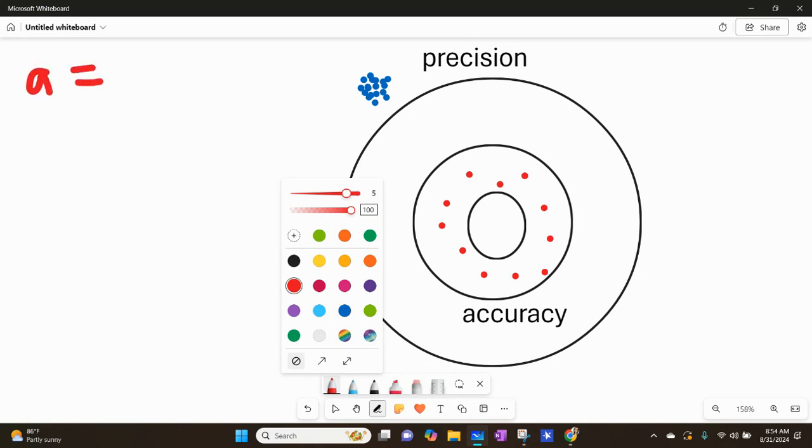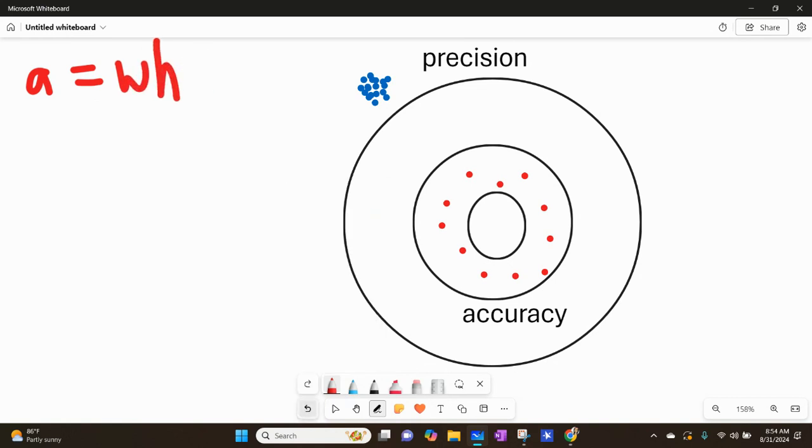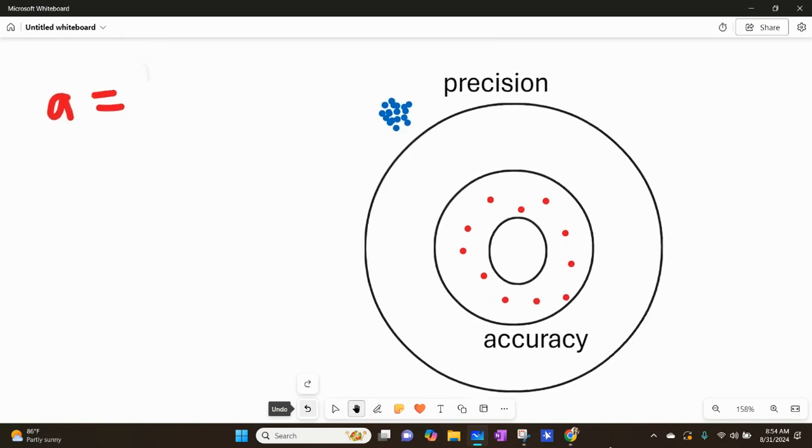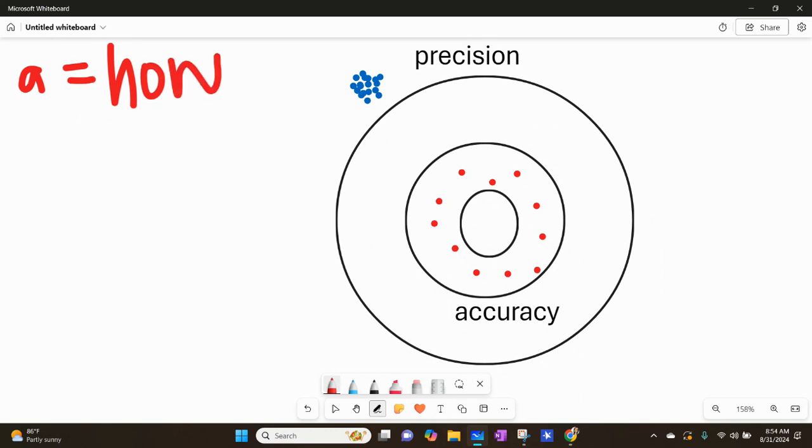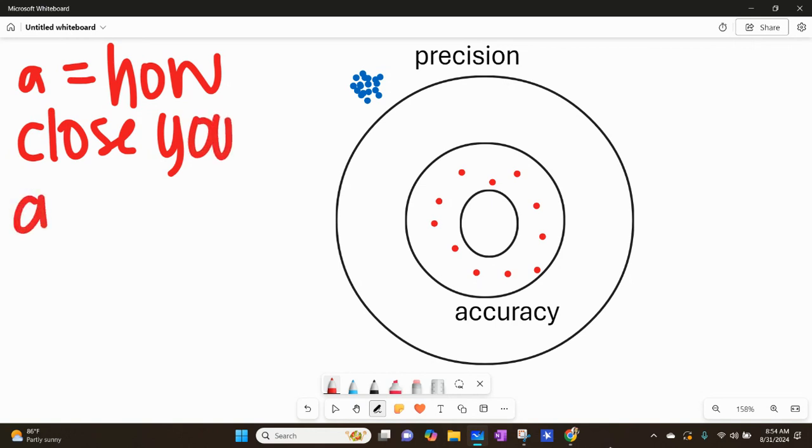Accuracy equals how close you are to the actual value.